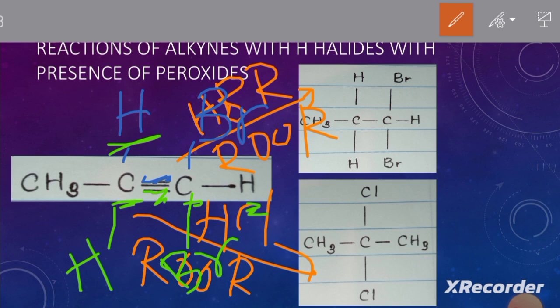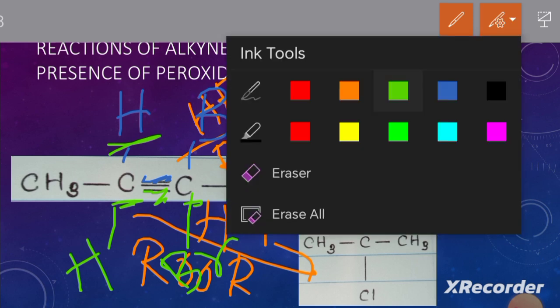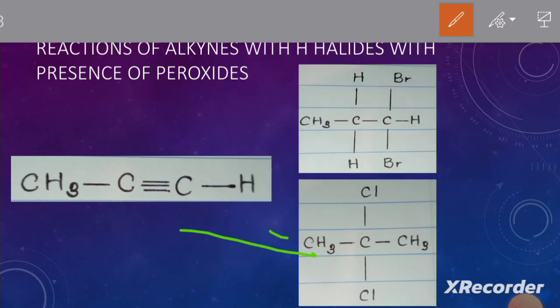There is an effect only with HBr in peroxide. There is no effect on HCl. HCl behaves only according to Markovnikov's rule. So hydrogen goes to the carbon with more hydrogen. Chlorine goes to the carbon with fewer hydrogen.